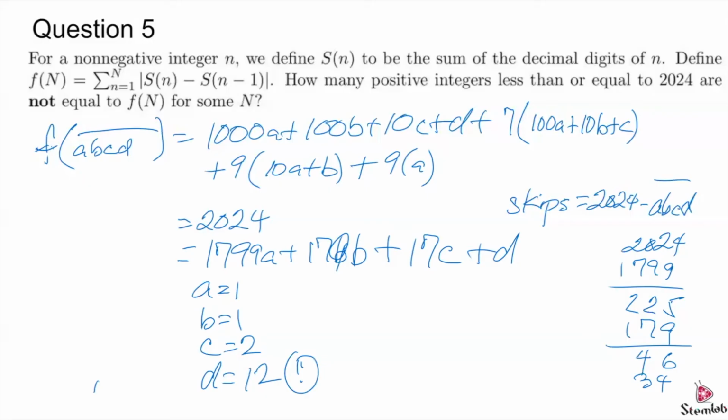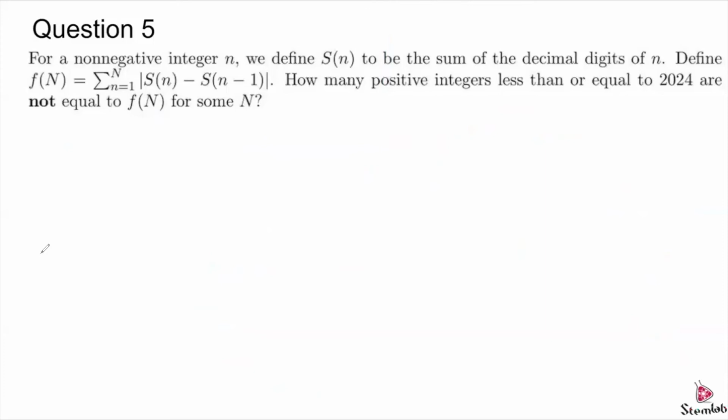It might even be the case that there is nothing that maps to 2024, but the only way to be sure is to see if we can calculate f of 1129. So what's f of 1129, given what we had a while ago?